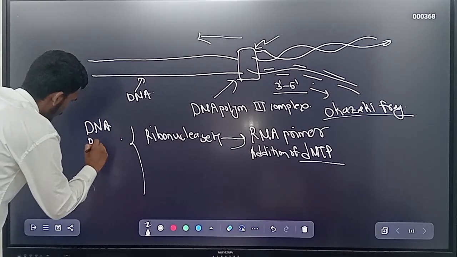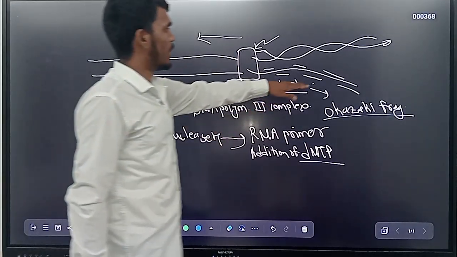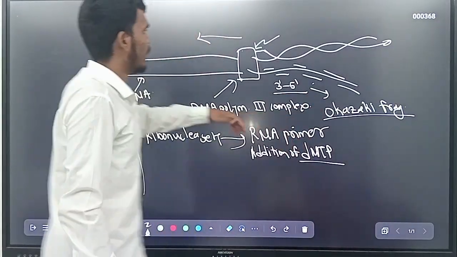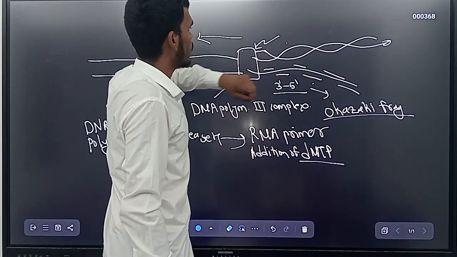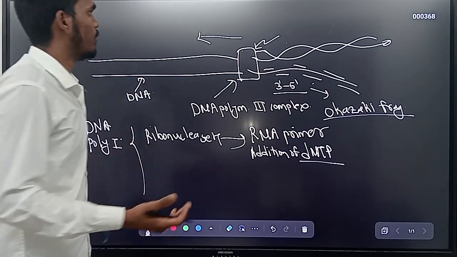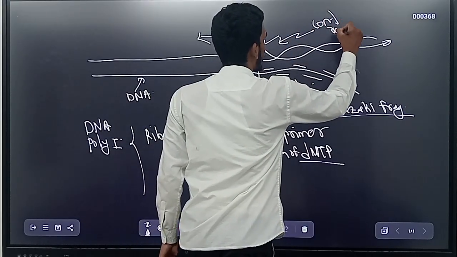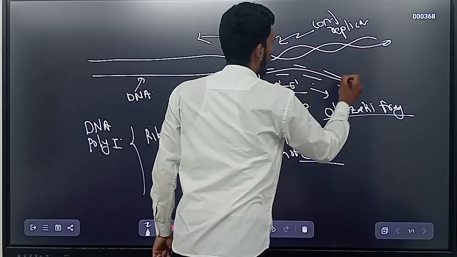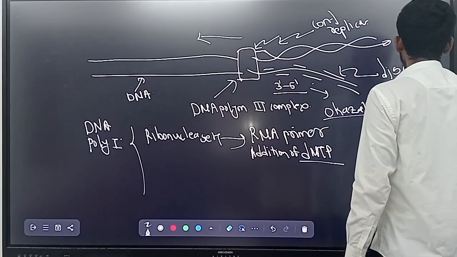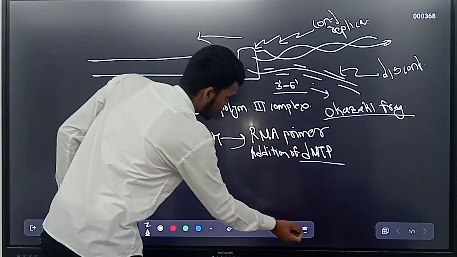This ribonuclease H will help this DNA get into its complete form by cutting off the RNA primers, and then deoxynucleotide triphosphates are added at these spaces that get formed.